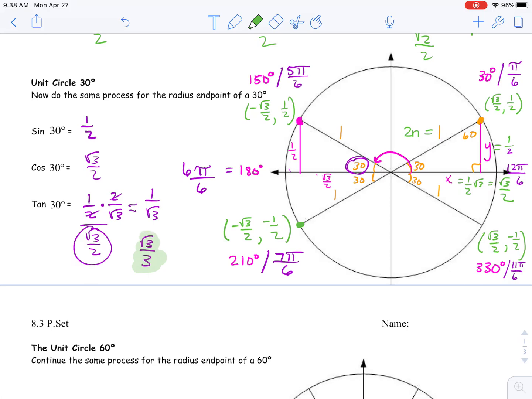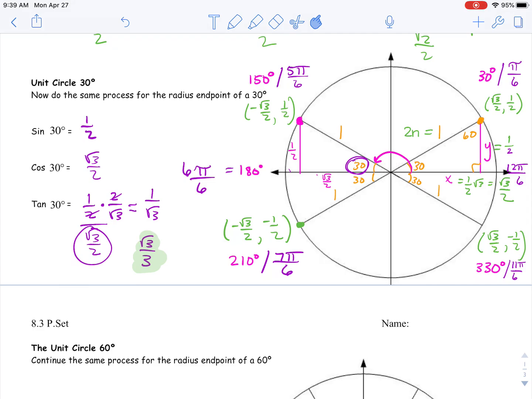Now what I want to share with you is, because these trig functions are going to show up a lot, we are going to eventually talk about potentially memorizing or knowing how to get these values really quickly. Knowing that the sine of 30 is 1/2, how quickly can we get that? Knowing that the cosine of 30 is radical 3 over 2, how quickly can we get that? Usually just by looking at a visual, sine and cosine come pretty easily.